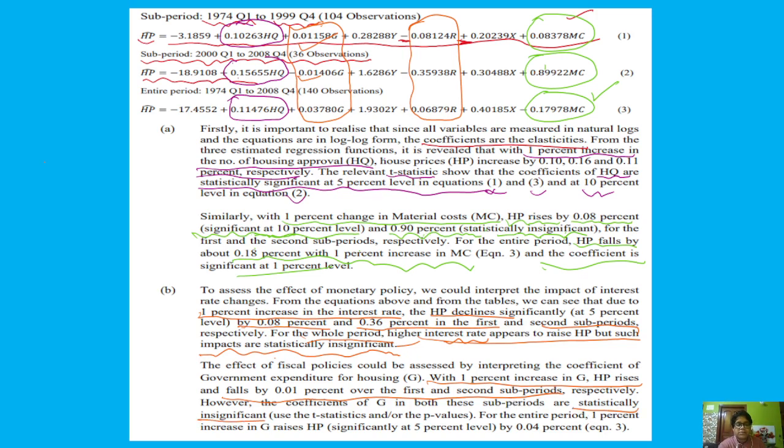Okay, because the t statistic and p values, but for the entire period, that is 1% increase in G raises housing price significantly at 5% level by 0.04%. So you can say that fiscal policy is in fact affecting it more than the monetary policy.